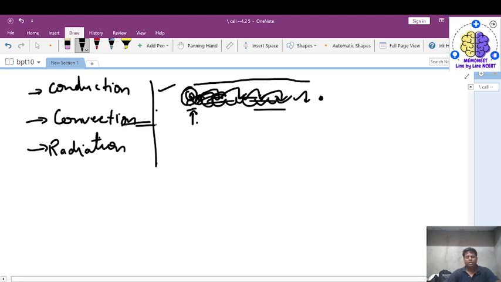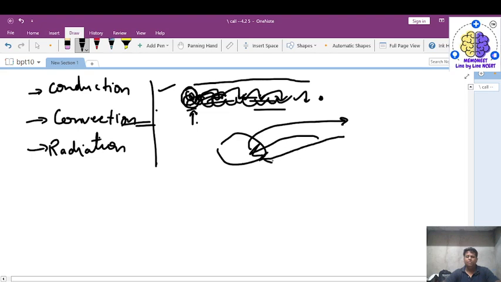Next, for convection, the same apples can be distributed in the class by asking each student to come to the table where the apples are kept, take their apple and go back to their place. So the person who has to take an apple is coming to the source of apples, taking the apple and going back to their place.